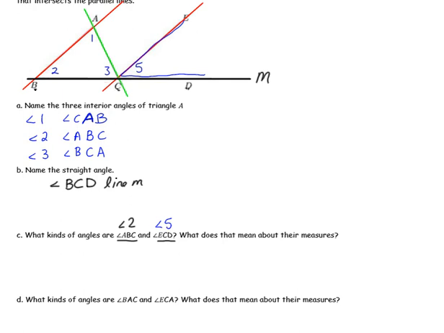So we want to know what is the angle relationship between angle 2 and angle 5. Well, we know that these are corresponding angles on parallel lines. What does that mean about their measure? We know that since they are on parallel lines, they are equal in measure.